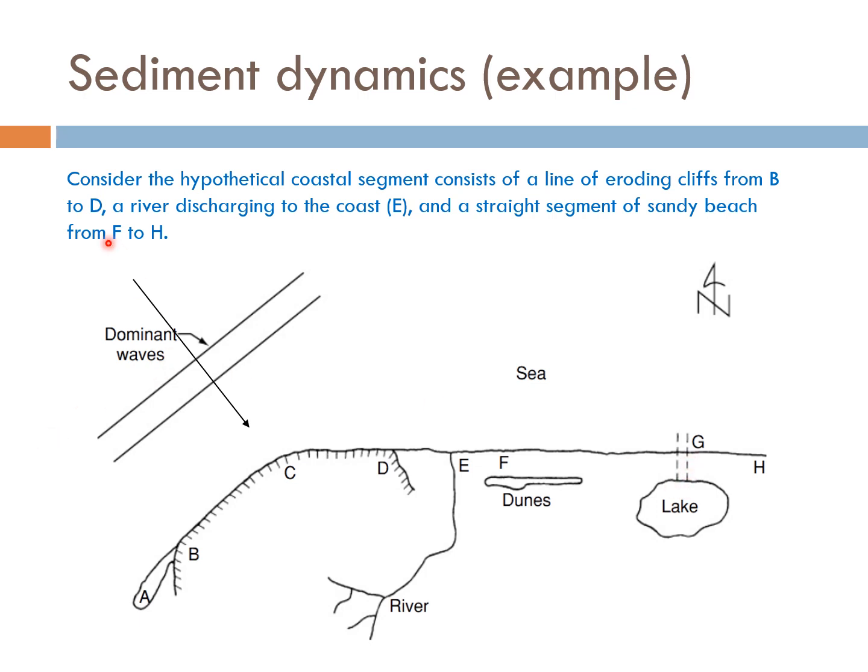And the dominant waves are coming in from this direction, where the parallel lines here show the orientation of the wave crest. We're going to look at how we can analyze the littoral processes based on information as presented.